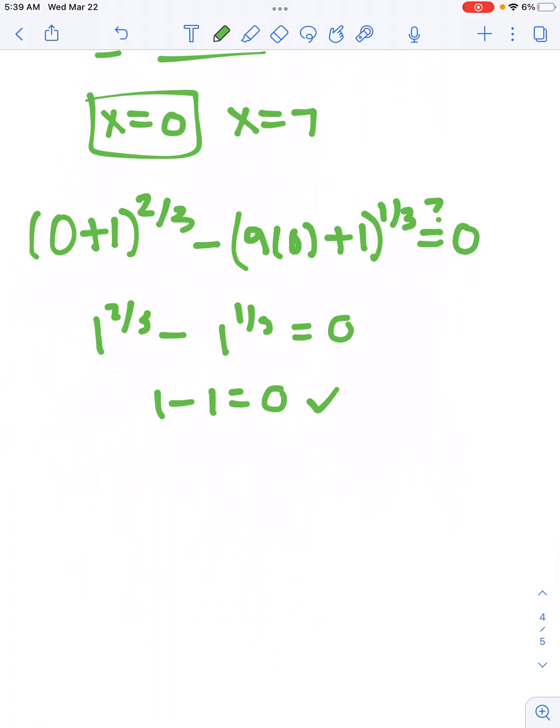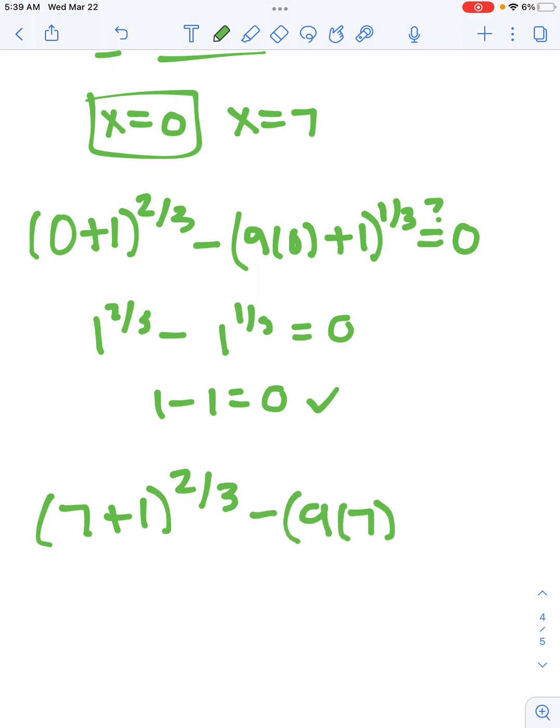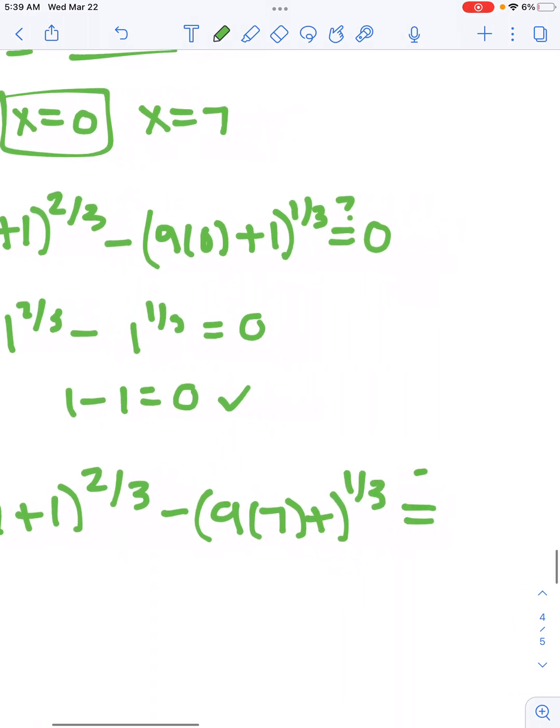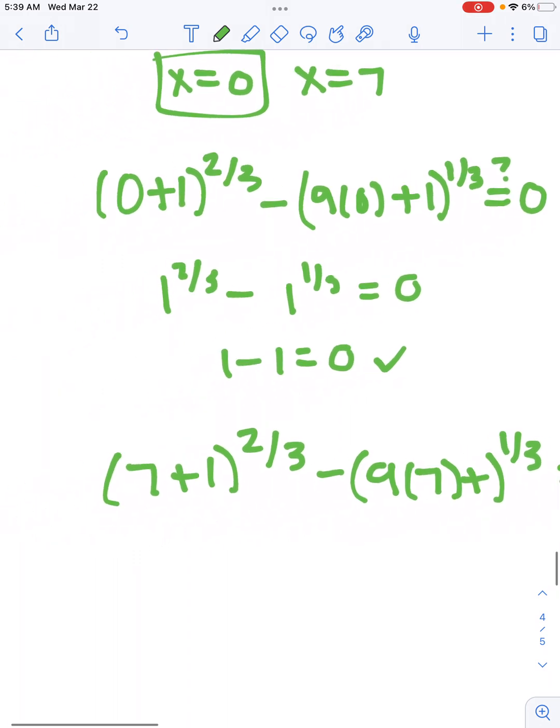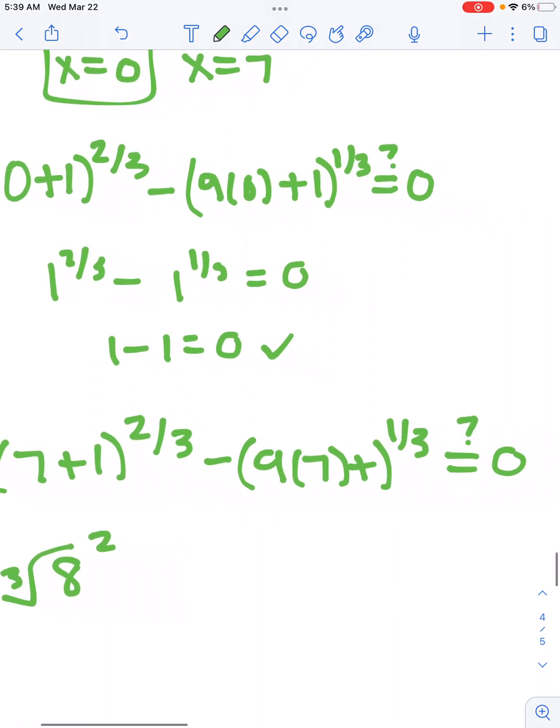Then if I try 7, so I just want to show that if you have fraction exponents, when you're evaluating, you probably want to turn it to a root. So we're checking, does that equal 0. So this would be 8, and then I'm going to turn that 2/3 power into the cube root and squared, and then minus 64, and it'd be to the 1/3, so the cube root, and then to the first power technically, checking that this equals 0.